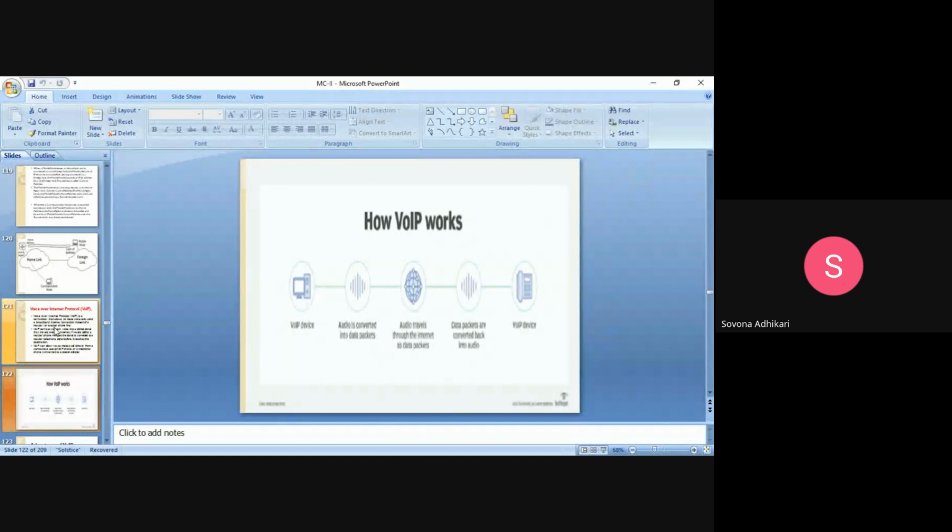In this way, the two devices, you see there are two VoIP devices, one is the source and another is the destination. Now they can communicate.